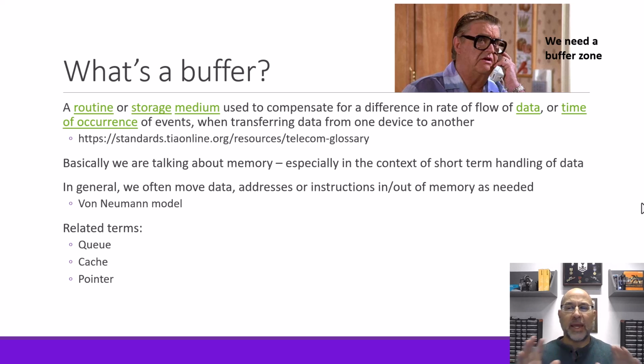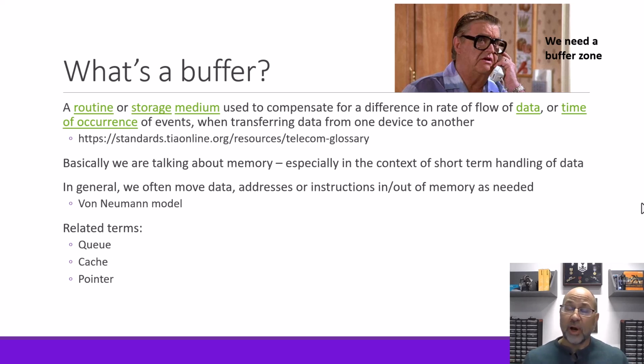But if we expand that a little bit and think about all the places that we're moving data or instructions or addressing into and out of memory, this happens inside a computer when you're moving things from a hard drive, and when you're moving things in and out of RAM. Inside a computer there are a whole bunch of different kinds of memory, so we have to move data around all the time.